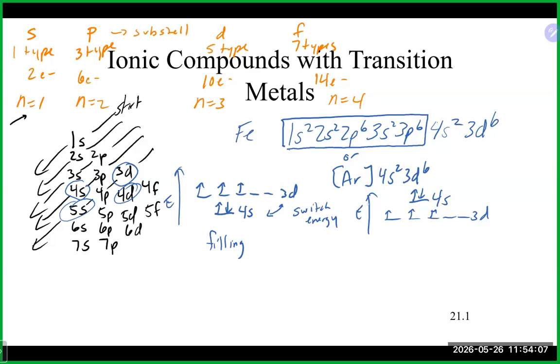When transition metals make ions, they always lose the s electrons first, because of that switch in energy that happens. And then, if necessary, they will delve into the d orbitals to take out electrons. That is very different than what happens with representative metals, right?